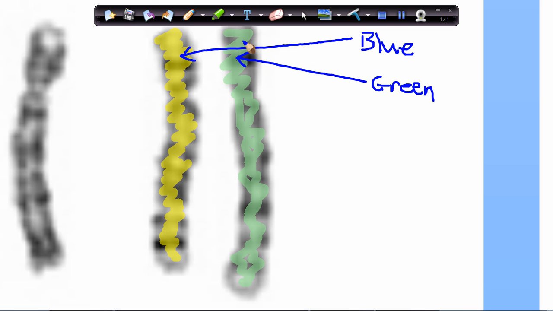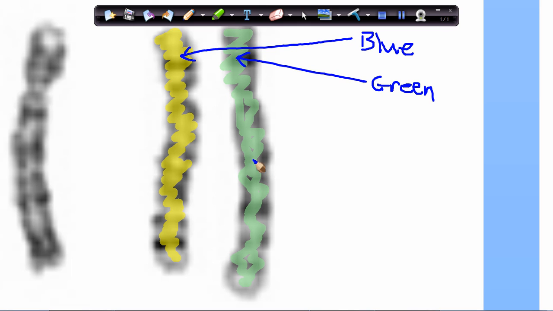So these partner chromosomes are the same size, and they have different versions of genes for the same thing in the same places, and that's really important. These chromosomes are very similar. They've got the same size and shape and the same organization of genes. They've got different versions, sometimes even the same version, but they've got genes for the same thing.